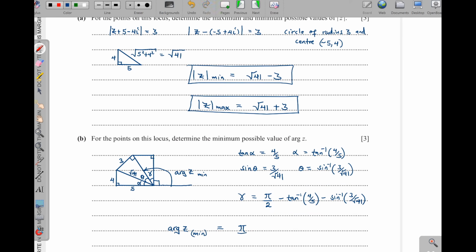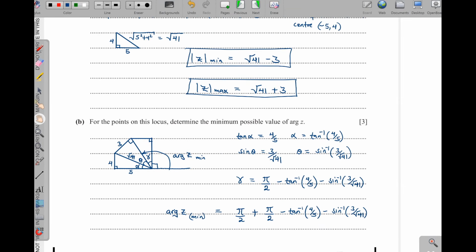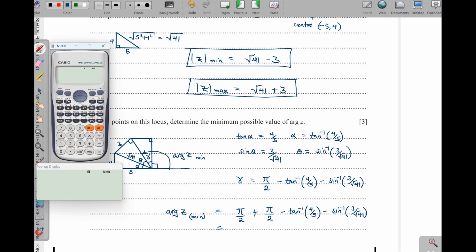So pi over 2, then plus this one here, plus the alpha. Okay. So it is like 180, which is pi, then minus the whole of this. You get that? Okay, now to 3 significant figures, the calculator has to be in radians.